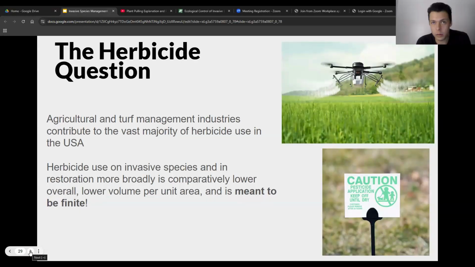We use these once or twice, or we use the bulk of it at the very beginning when we're trying to ameliorate an ecosystem, whether that's our yard or something larger. And eventually we want to get to the point where we almost never have to use them. And that is not the same with lawns and agricultural systems. These things are being applied year in, year out, every season. So there's quite a difference.